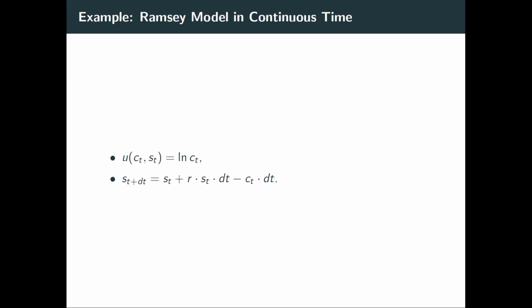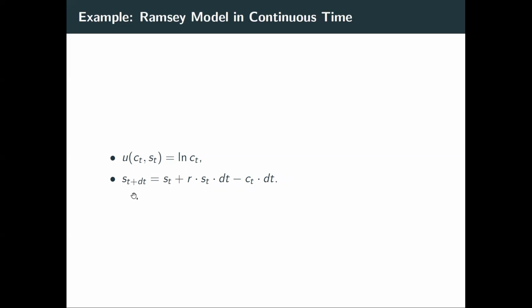So you always do something like that in continuous time. You first write it as it is, and then you apply the first order approximations and the rule that dt squared is equal to 0. Then you arrive at what's called the evolution of the state variable.